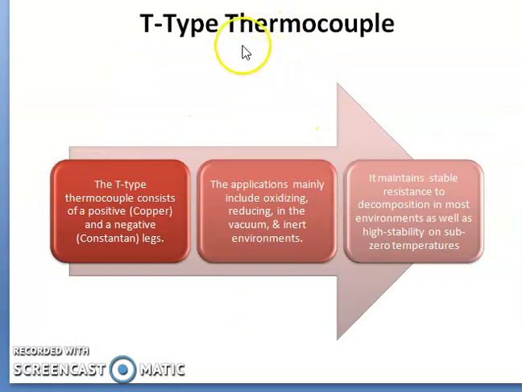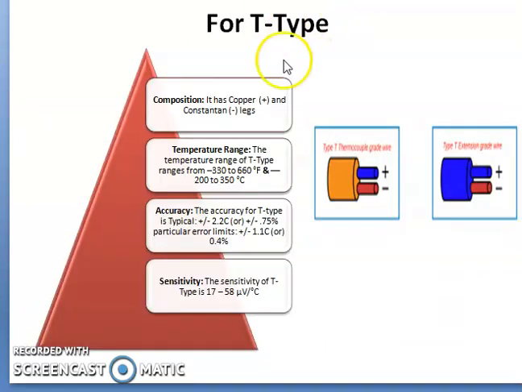And the next one is the T-type thermocouple. The T-type thermocouple consists of positive and negative legs, that is copper and constantan. The applications mainly include oxidizing and reducing, in vacuum and inert environments. It maintains stable resistance to decomposition in most environments as well as high stability at sub-zero temperatures. Now coming to the features of the T-type thermocouple.